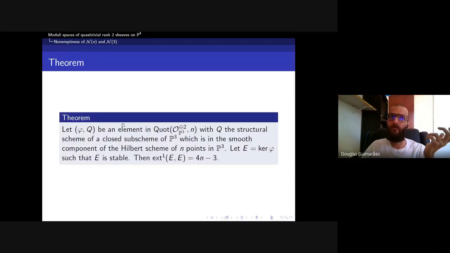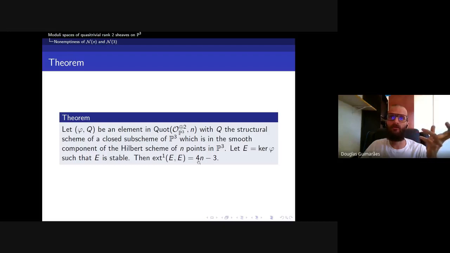If we fix a point in the Quot-scheme and let E be the kernel, and if this Q here is in the structure sheaf of a closed subset of P3, which is in the smoothable component of the Hilbert scheme of n points, or for simplicity, we can just think of n distinct points of P3, such that this is stable, which is our case in the N3 case, then the Ext^1 is equal to 4n minus 3.